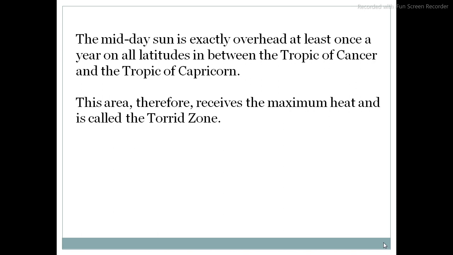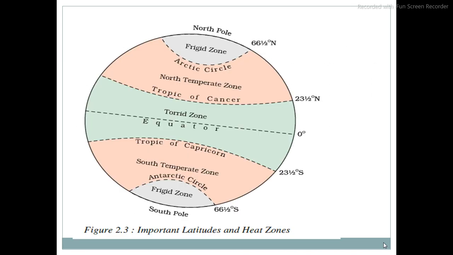This area therefore receives maximum heat and is called the torrid zone. Cadets, for more explanation of this paragraph, quickly move once again to the torrid zone. This is the torrid zone, right?